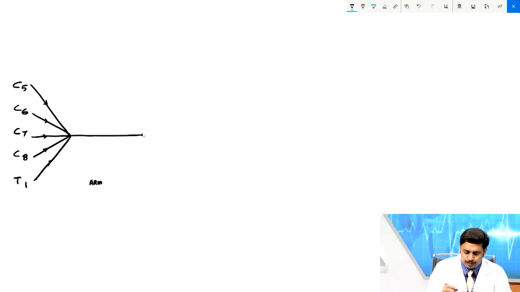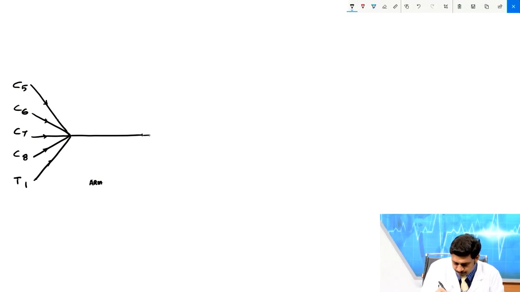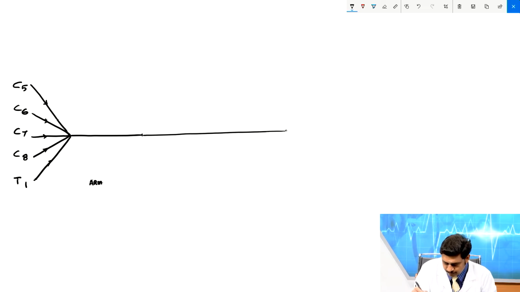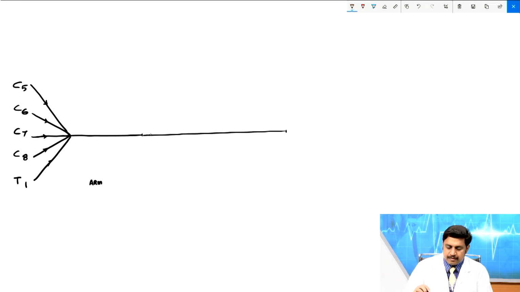Now, let us look at what is the supply in the forearm. Before going on to the supply in the forearm, we need to understand the forearm muscles.